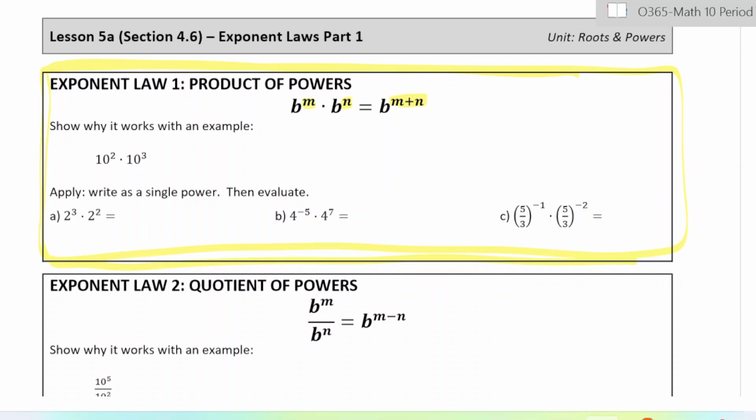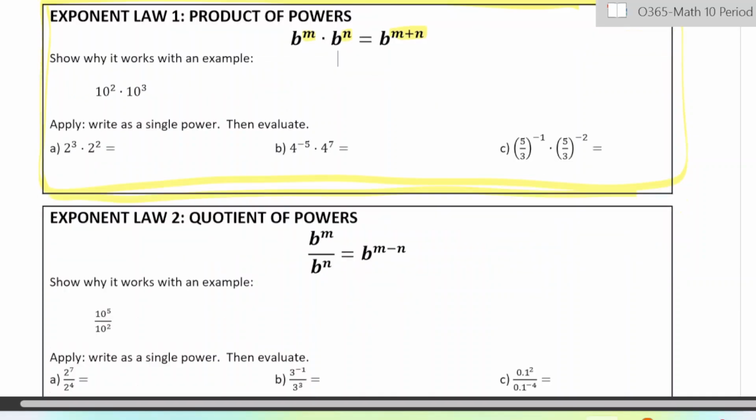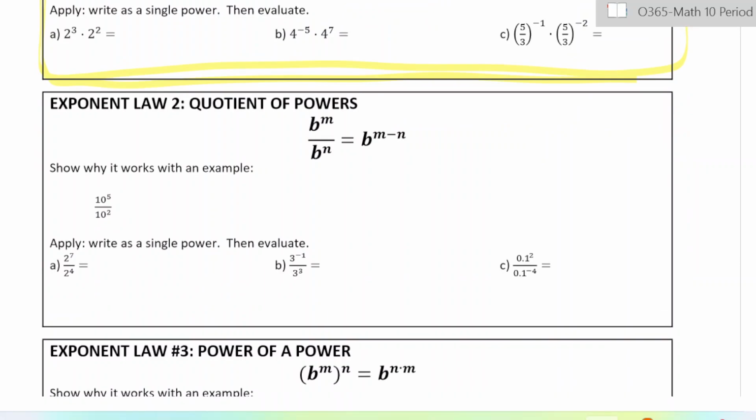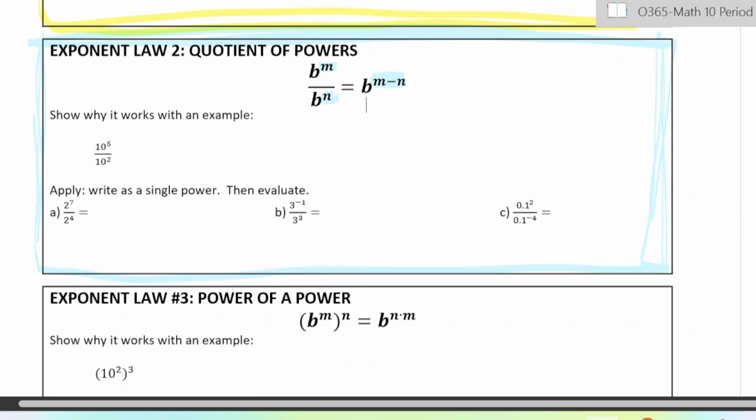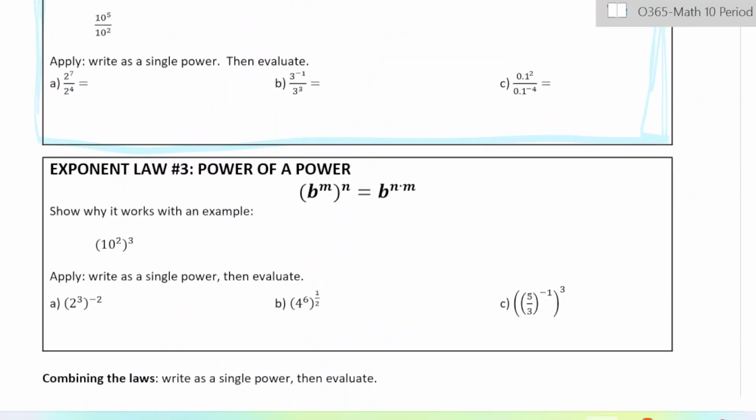and we'll talk about why that works. Next, we are going to do exponent law number 2, and I'll use blue for this one. In exponent law number 2, when we're dividing two powers with the same base, we end up subtracting the exponents, and we'll talk about why that works. And then finally, we'll do exponent law number 3, which I'll do in pink here.